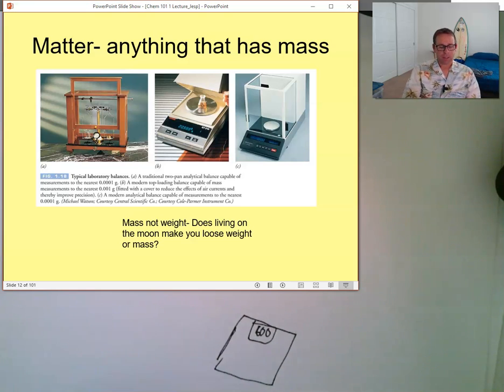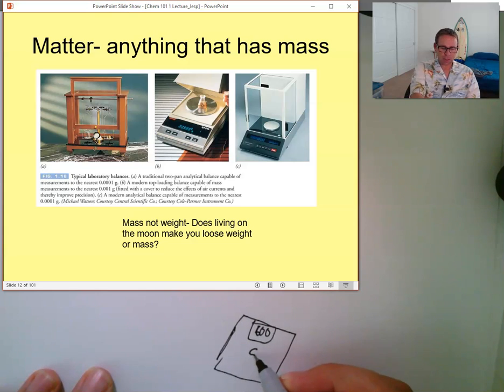The way the scale took my weight is it has a spring inside it, and when I step on it, it compresses the spring, and the amount of compression relates to the amount of mass that I have.